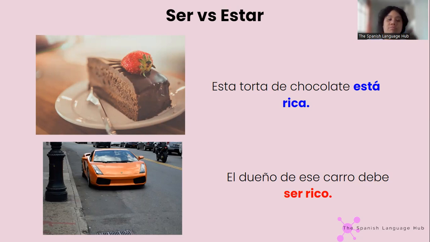Okay, it's a very expensive car, so the owner must be, you can start throwing different things like, okay, it must be famous, it must be a millionaire, it must be an entrepreneur or whatever, but that will help you. Even if you don't understand the exact word, you will know that it doesn't mean delicious, but that won't stop you from continuing to read or to listen. Because by context, by later on, you will understand what it means.